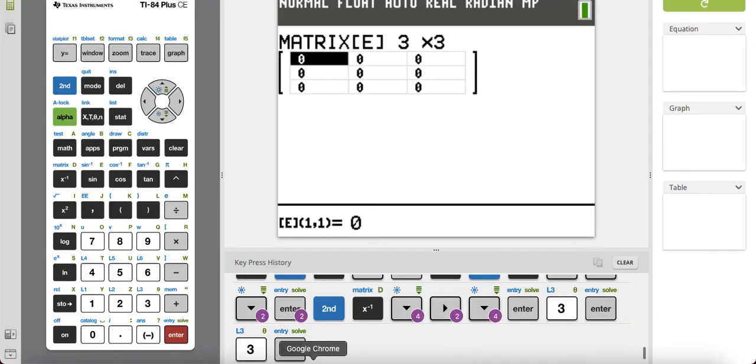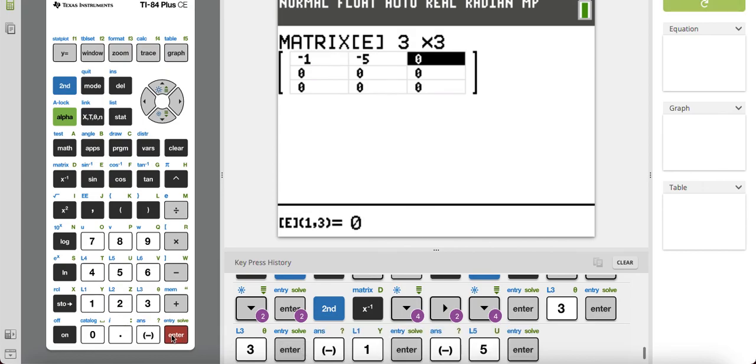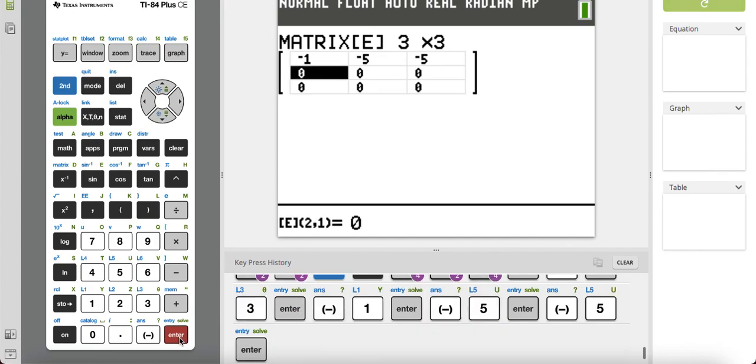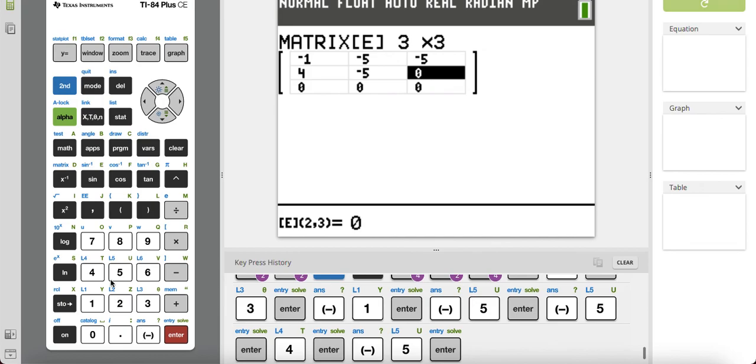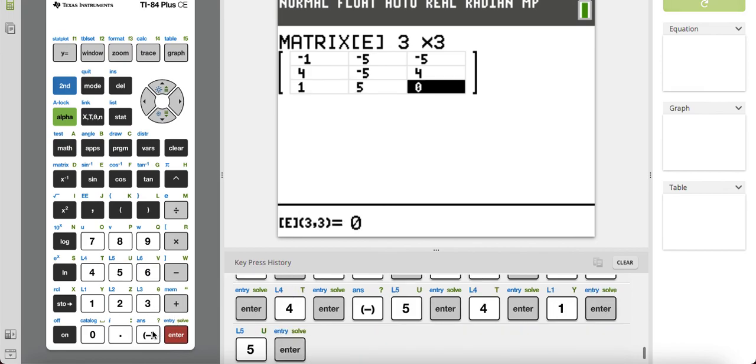We want it to be -1, -5, -5, and then 4, negative 5, 4, and then 1, 5, negative 1. So there's our coefficient matrix.